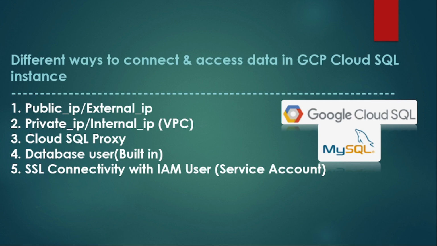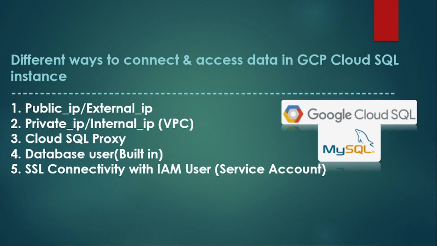The third approach is Cloud SQL Proxy. This is a gateway established between the client machine and Google Cloud SQL. It is provided by Google, and we need to install this Cloud SQL Proxy on our local machine. From there, we can connect to the Google Cloud SQL instance.